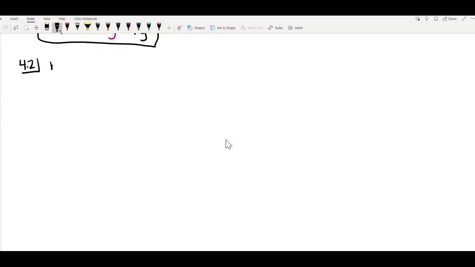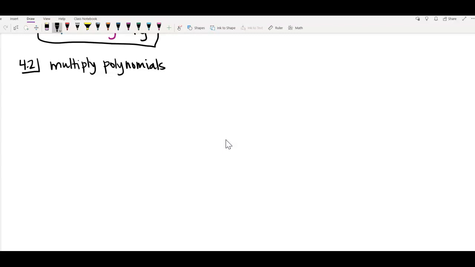So 4.2 is where we're going to be multiplying polynomials. Right, so in 4.1, you talked about just what a polynomial is and then adding and subtracting polynomials. So in 4.2, when you're multiplying polynomials, you have to make sure that you remember your properties of exponents.